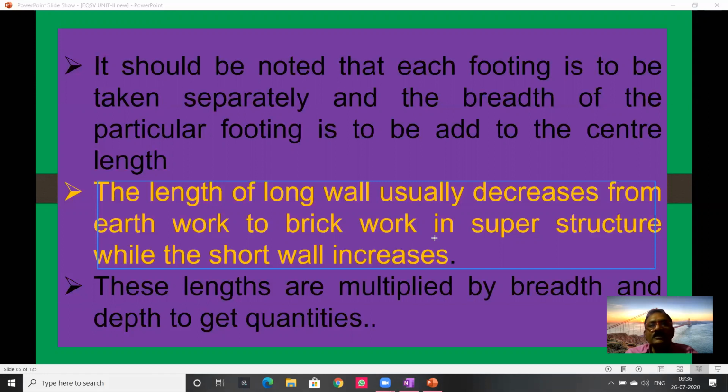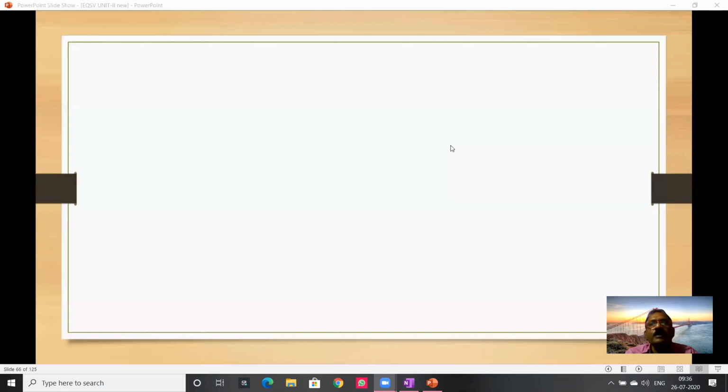Then these lengths are multiplied by breadth and depth or height of the structural element to get the total volume.